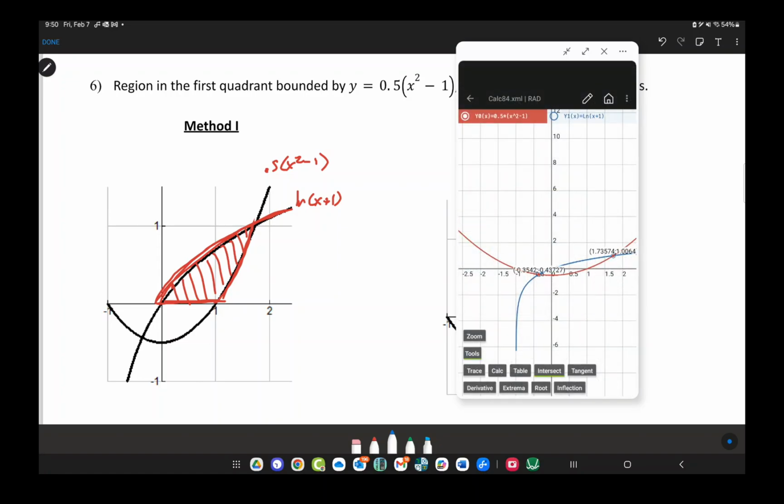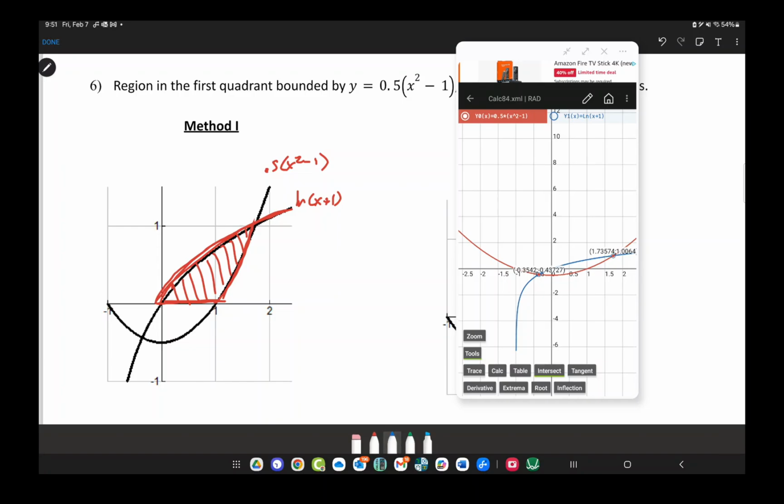Now again, on your calculator, you have to go to calculate and then look at the intersection, right? I'm sure there's other ways to do this on your calculator. There's a way to calculate the intersections somehow, I just have never done it. So whatever gets you the intersection.